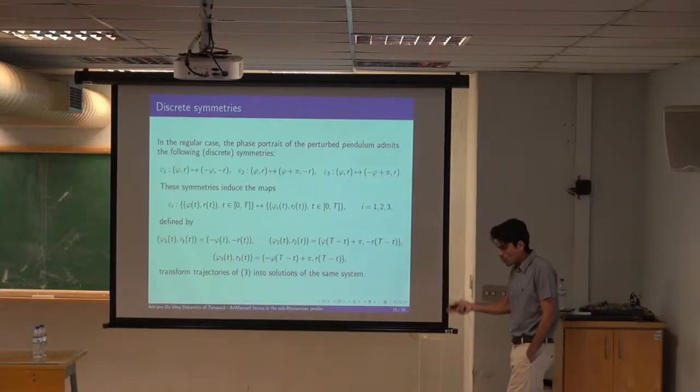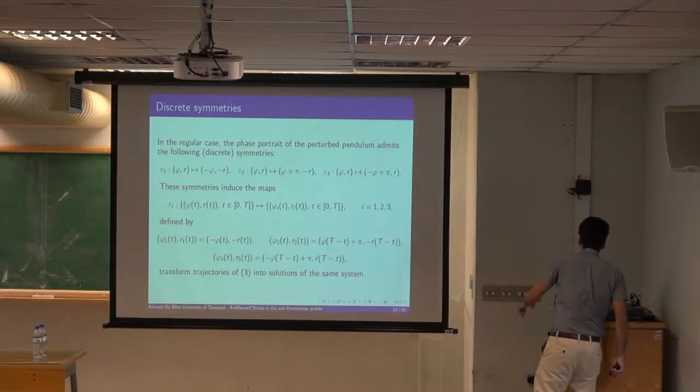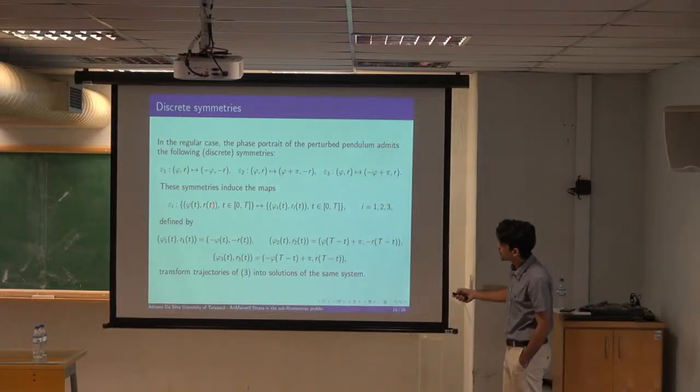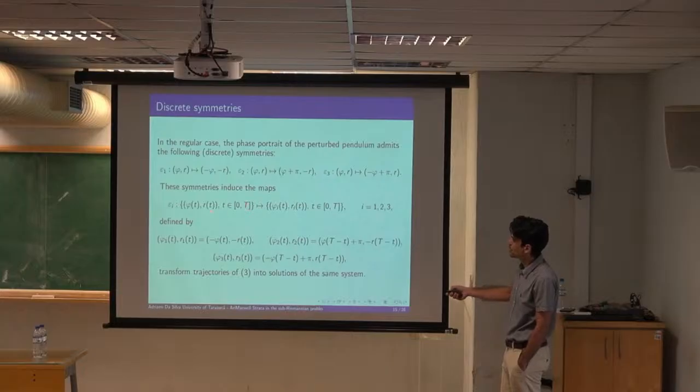Okay? And what do we do? The idea is the same. We take this discrete symmetry and induce it on the solutions of the vertical part. You get a solution from 0 to t, and then you induce the symmetry by looking at the solution given by this expression.